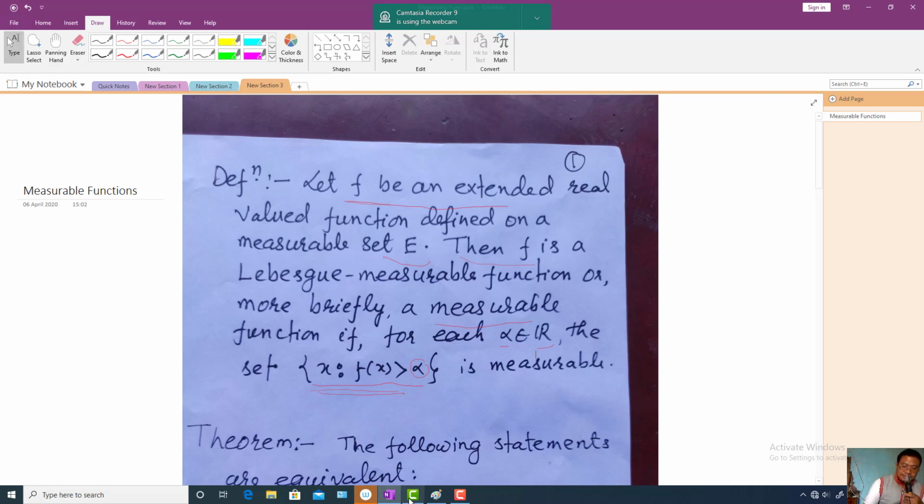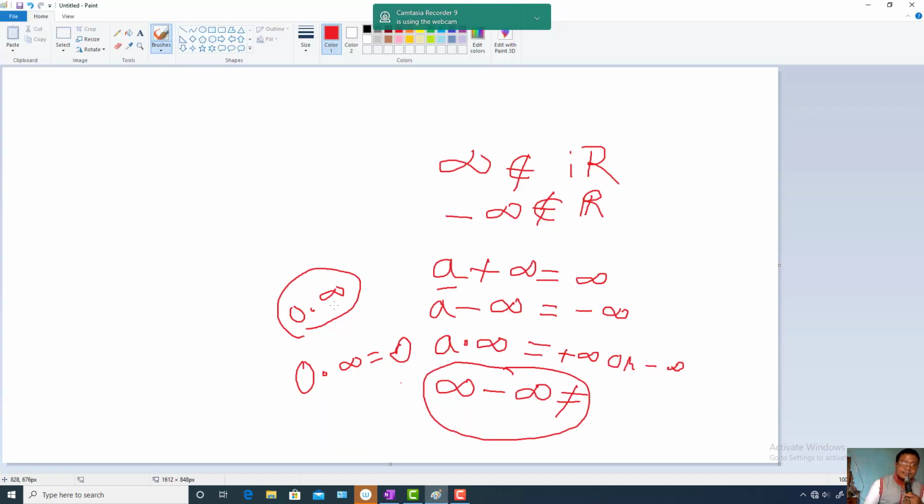What do you mean by this measurable function? Just a simple explanation. Let us see, if possible let us try to draw some diagram. Suppose your function has values like this. The function is defined like this.